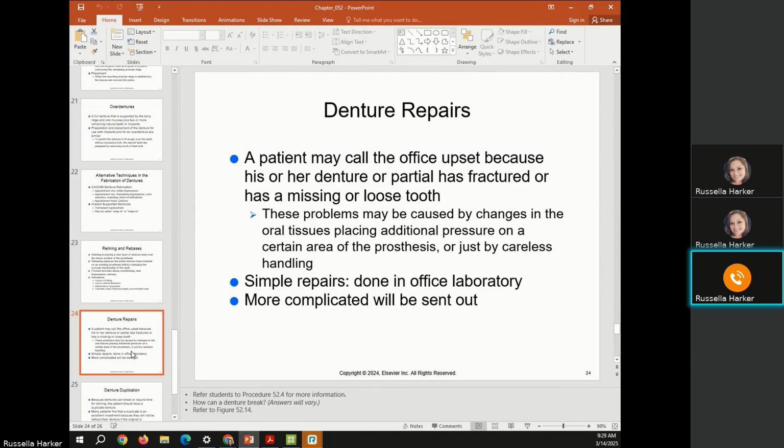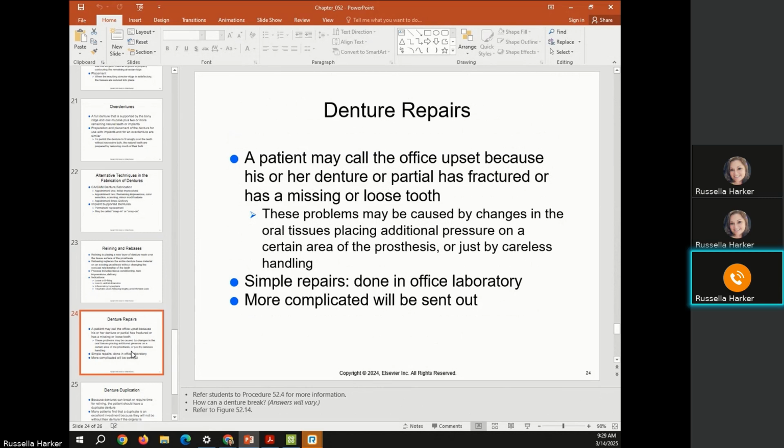So that will depend on how long the patient's going to be without their appliance. So you're going to have to know whether they're going to be coming back that same day to have it given back to them, if they're going to stay there while it's repaired in an hour, or if they're going to come back the next day to pick it up, because it's going to go out to the lab today and come back tomorrow.